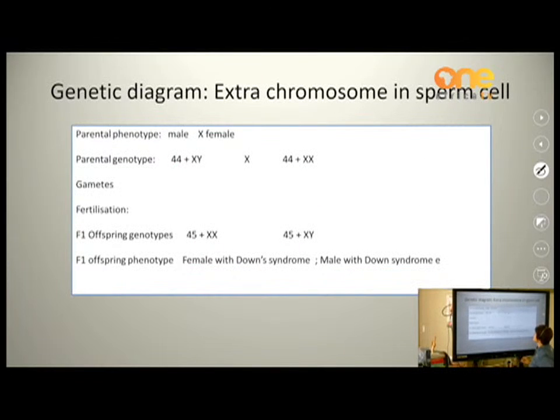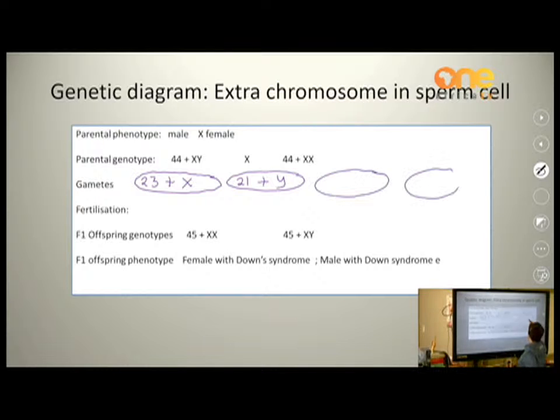If the extra chromosome is in the sperm cell, we will see that during the formation, we will have 23 plus X and 21, because these two must give me that number again, plus Y. You agree? And the female will be 22 plus X, 22 plus X. This one will give me now a female.